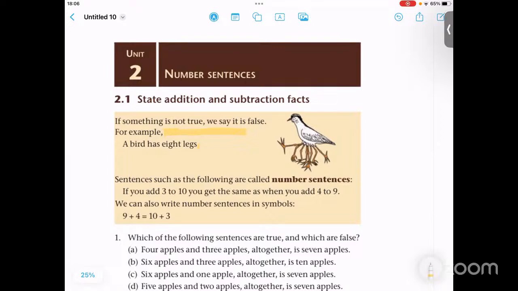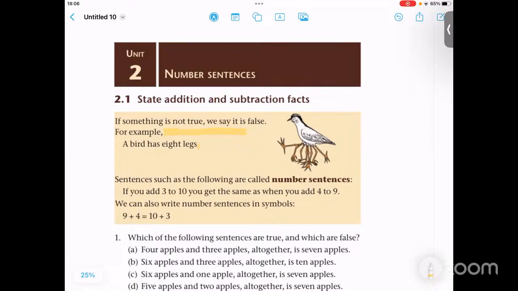For example here, they're saying a bird has 8 legs. Is it true or false? How many legs does a bird have? 2.